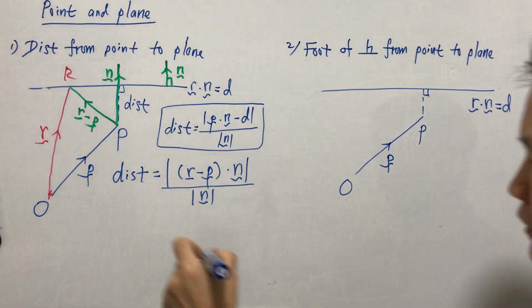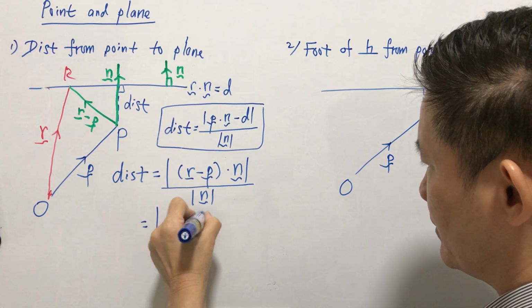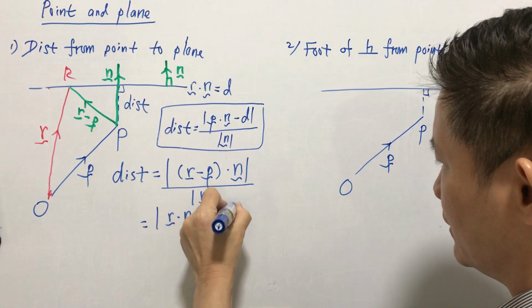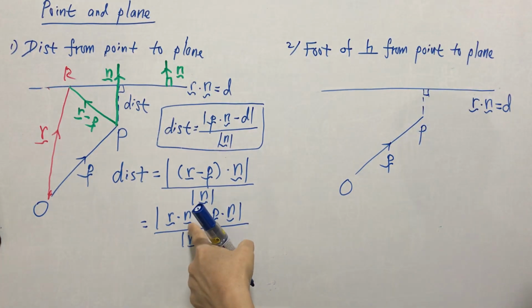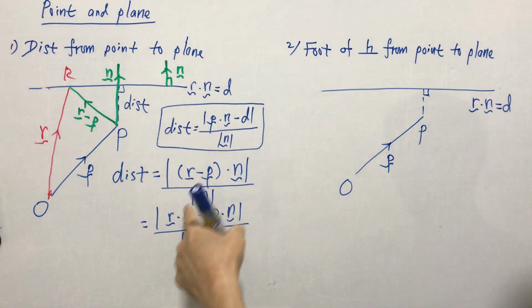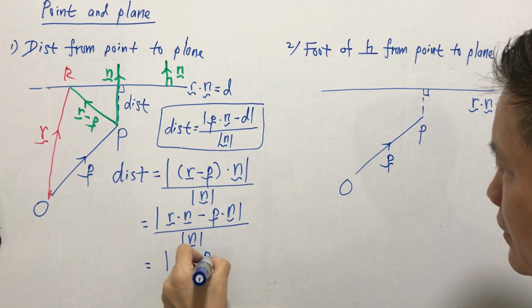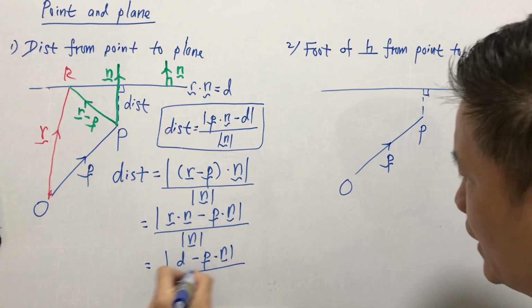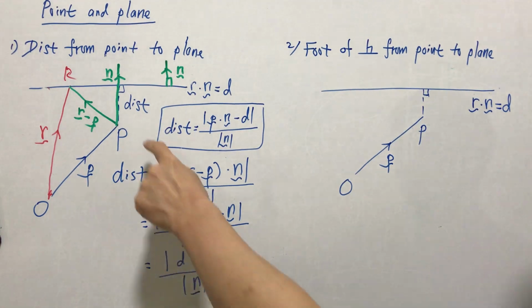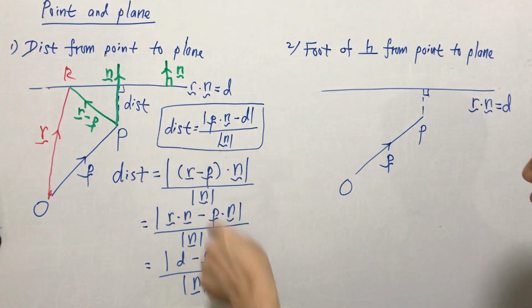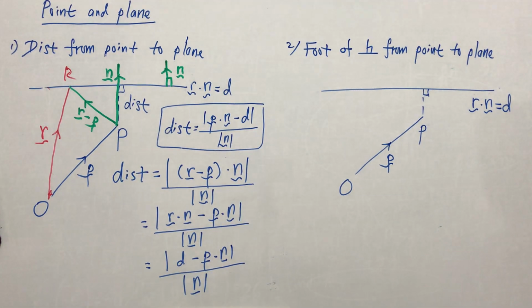And for the numerator, I will just expand it as r dot n minus p dot n. According to the equation of the plane, r dot n is simply d. And there you are, you now have the distance from a point P to a plane. These two are actually the same, it's just that this is written the other way around.